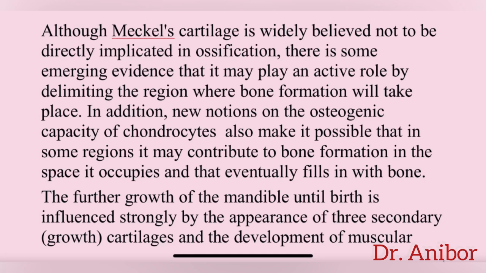So you have further growth of the mandible going on until birth, and the growth of the mandible is influenced strongly by the appearance of 3 secondary cartilages. These 3 secondary cartilages are also called growth cartilages because they are very important in growth of the mandible. And as further growth of the mandible occurs, you also have development of muscular attachments where muscles will be attached.